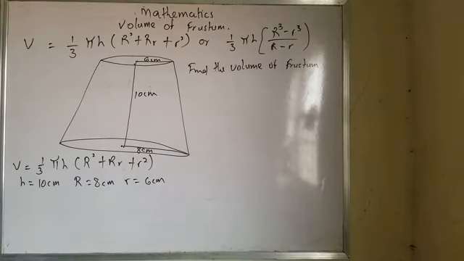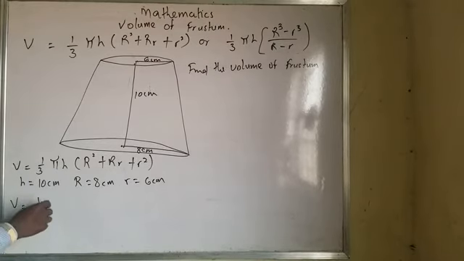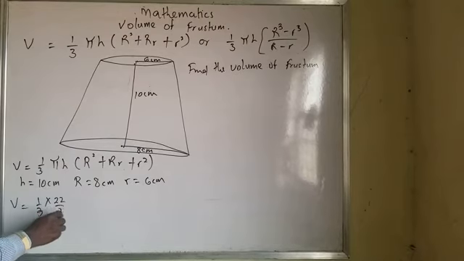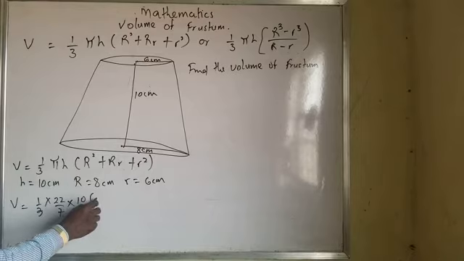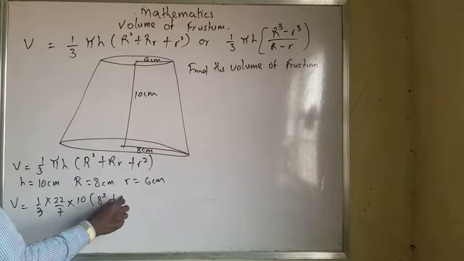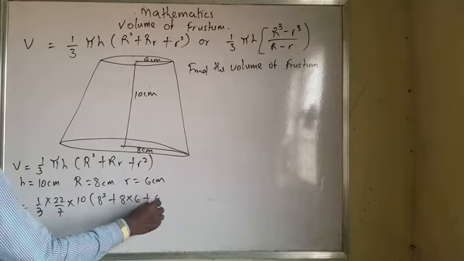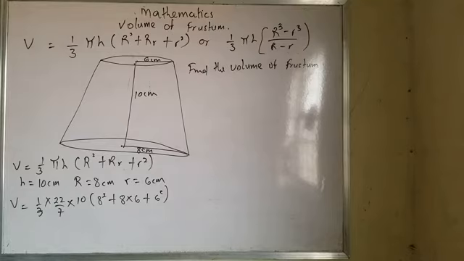Since you have that, it will be very easy for you to solve by having 1 over 3, and we all know that pi is 22 over 7, multiplied by h, which is 10, bracket of 8 squared plus 8 multiplied by 6 plus 6 squared. That is what you just need to do.